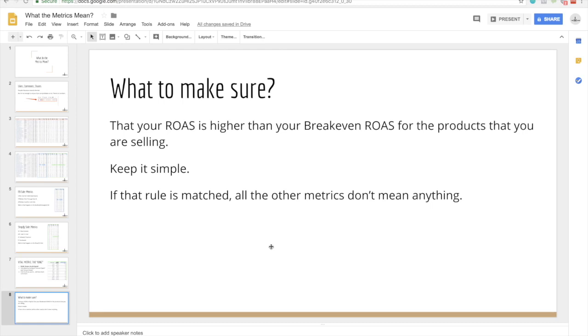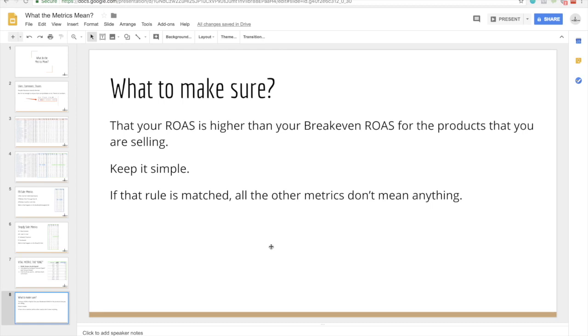Keep it simple. And so what this also means is that if your ROAS is above your break-even and you're profiting, all the other metrics don't mean anything. I mean, they do. They tell you the health of the ad, but even if, let's say, your click-through rates are not that high, or your cost per link click is relatively high, but you're still profitable, it doesn't really matter, right?